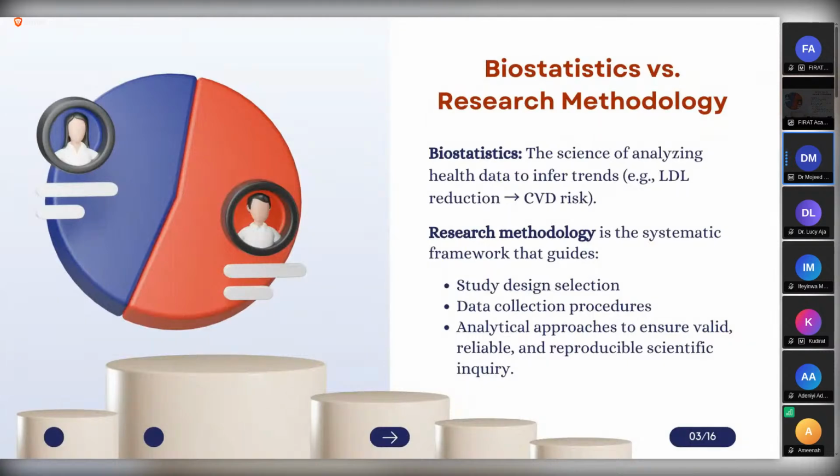Then we can go on from there. Anybody? Anybody to respond to that question? How does biostatistics apply in your research?